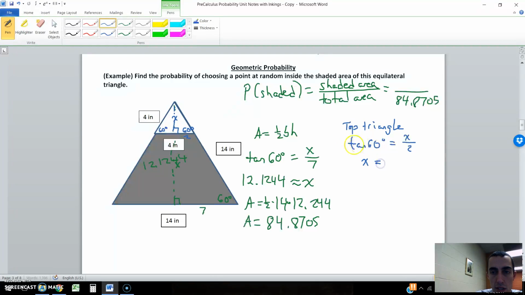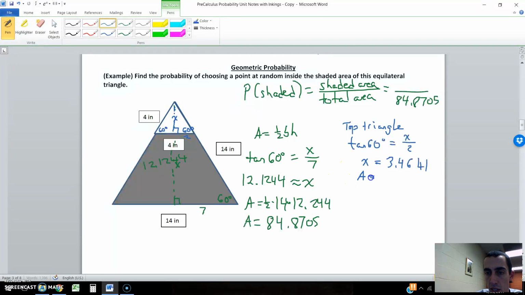Meaning take the tangent of 60 degrees on the calculator, times 2, and we're going to get approximately 3.4641 for this distance here.